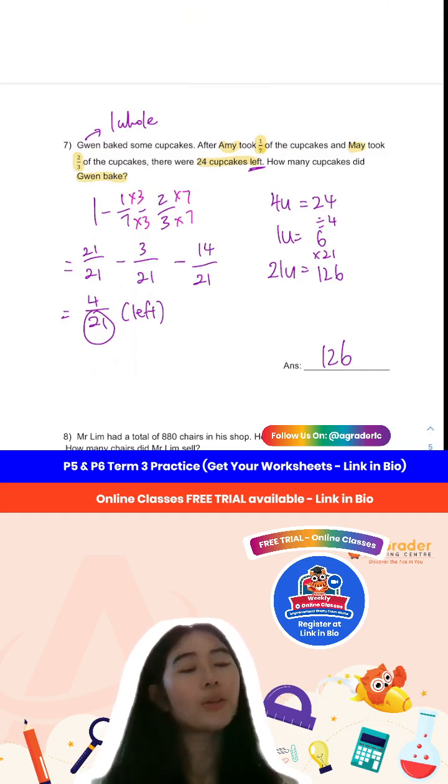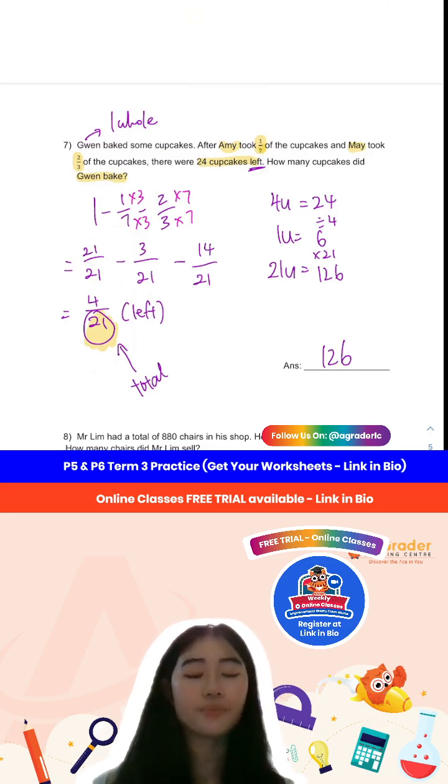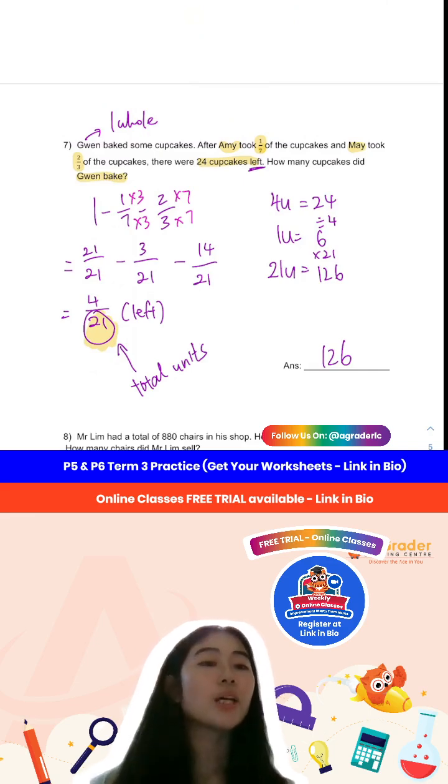Only for her, why did I use 6 times 21? Because you want to find the total. Then the total is represented by the denominator, which is 21 units. Okay, only for her, I hope I answer your question.